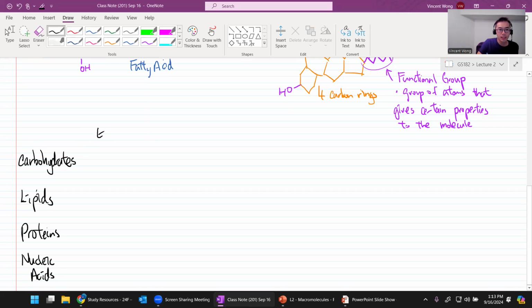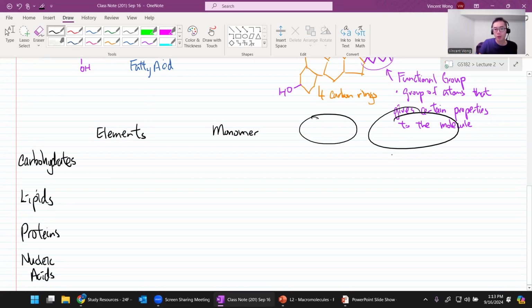All right, so let's write down the elements and monomers here. Now you need to expand this chart when you're studying. Add a column for food source, add a column for biological function and so on and so forth. But we don't have time to summarize it all today, but I'll do 2 columns for you.